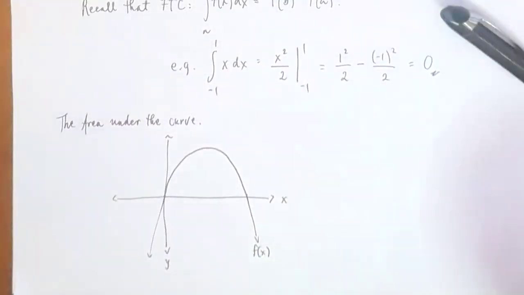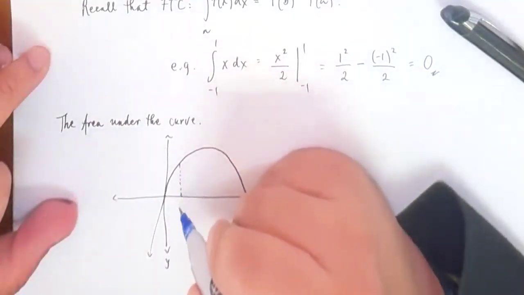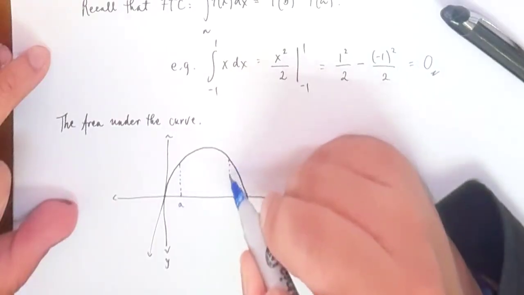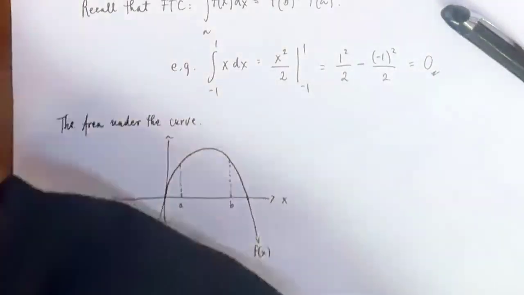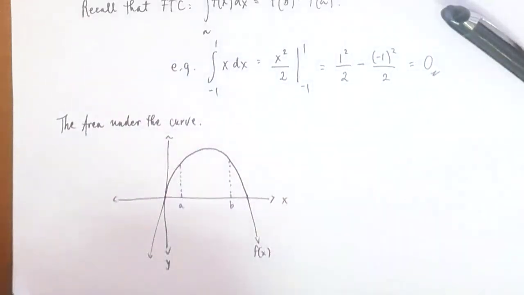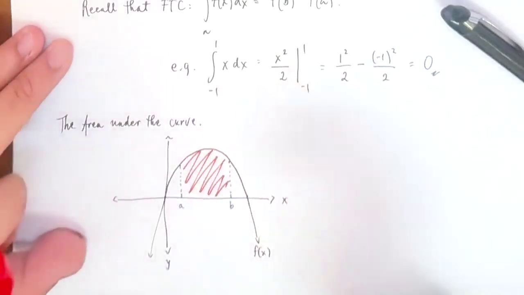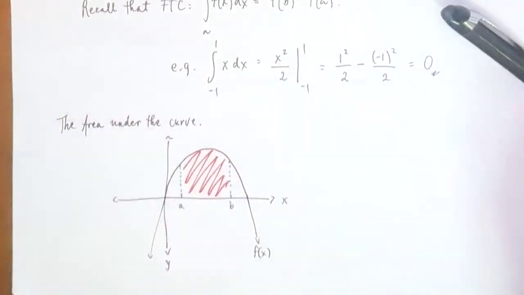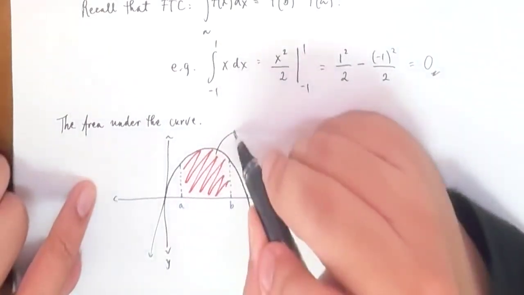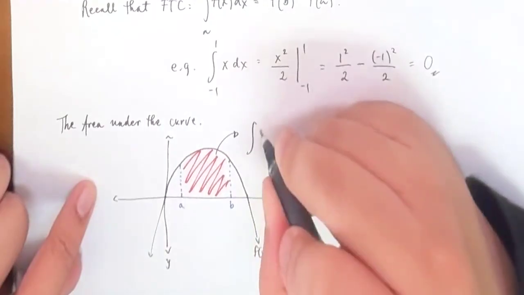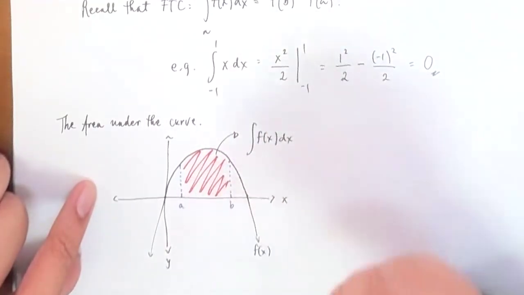And moreover, if we have some a here and b here, then we want to find the area of this part here. This area right here under the curve f of x will be given by the integral of f of x dx from a to b.